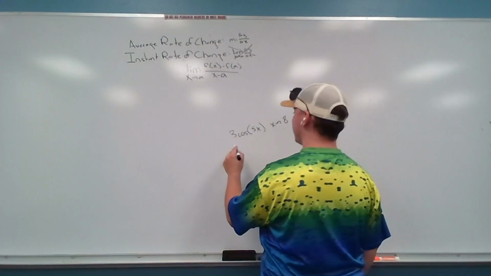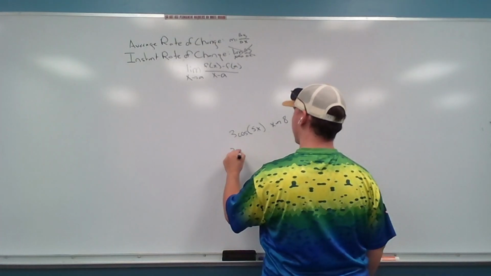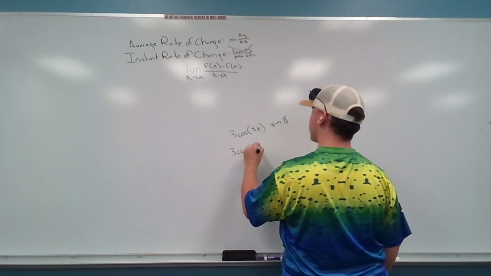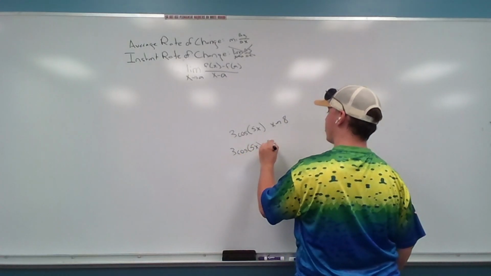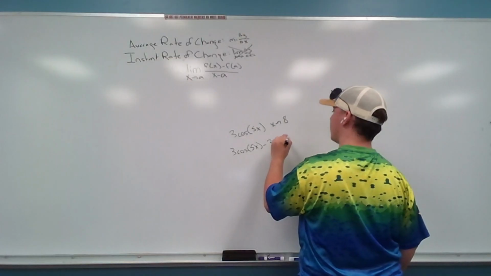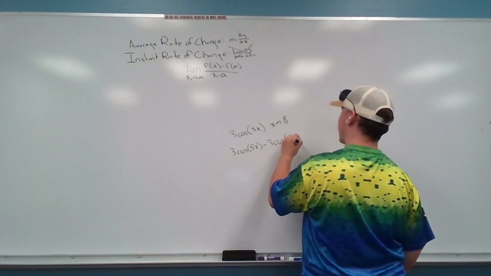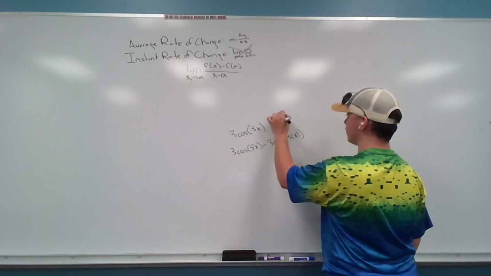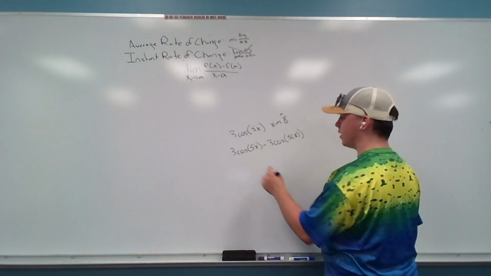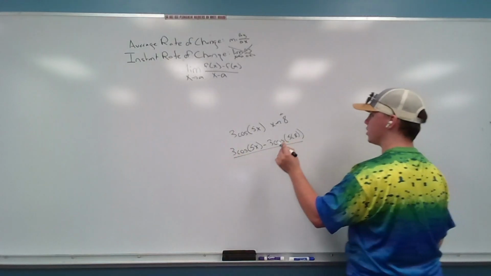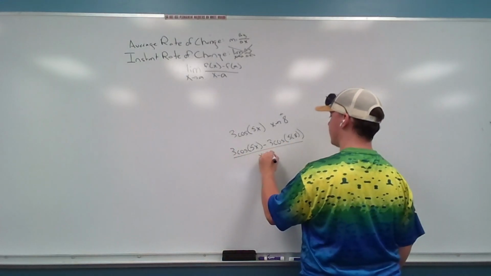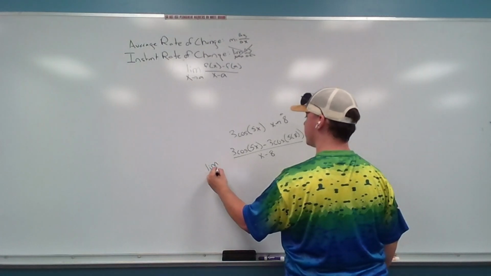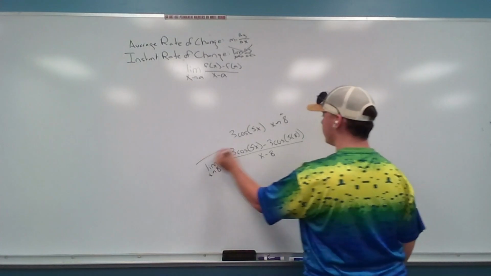So it'd be like this: as x approaches 8, 3 cosine 5x minus 3 cosine 5 times 8, because that's the x we're approaching, where a is 8. And then we're going to divide that by our change in x, and that's just going to be x minus 8. So the limit as x approaches 8. And then we solve this.